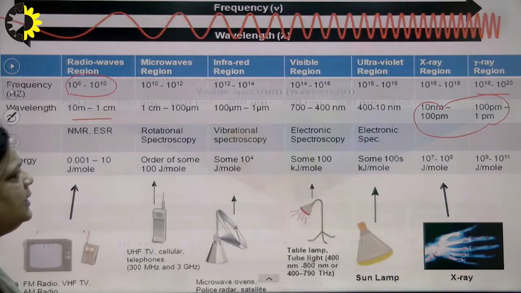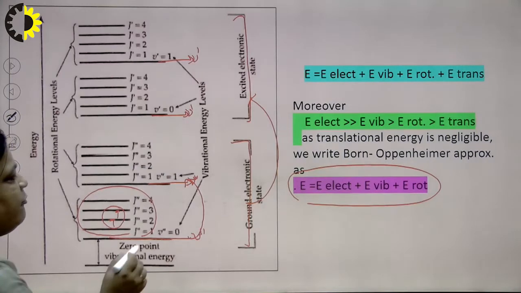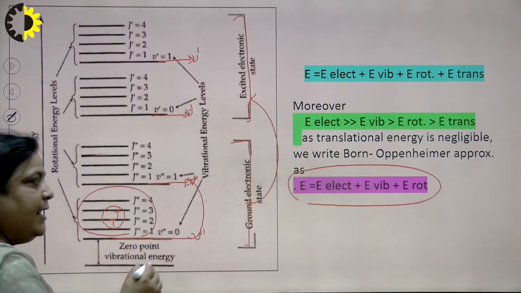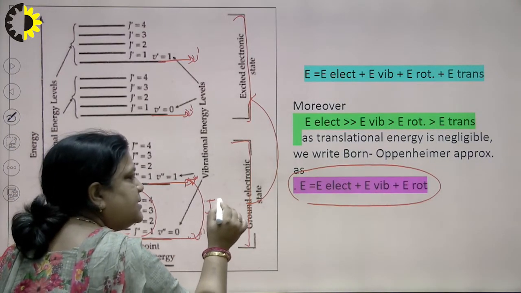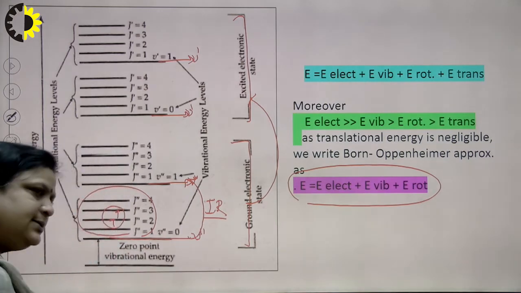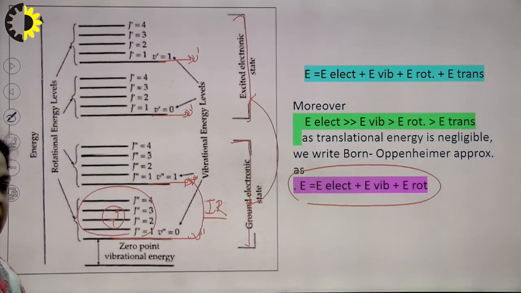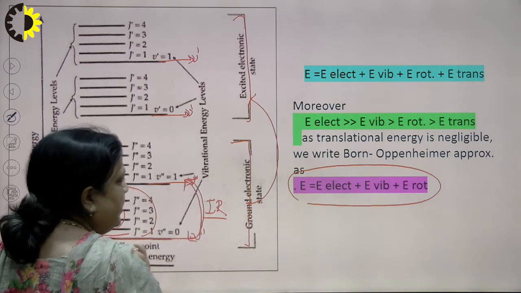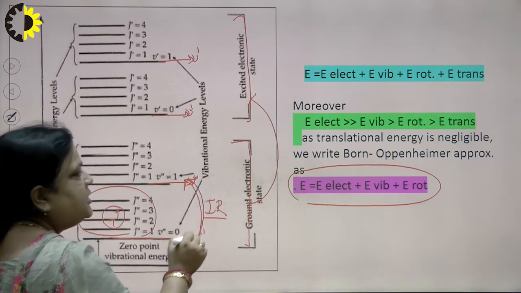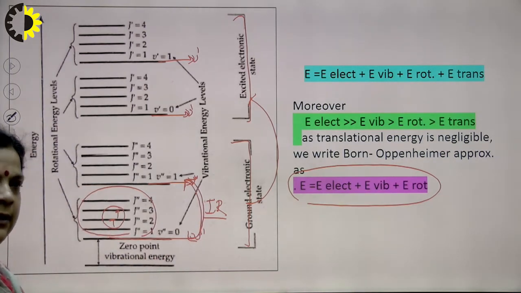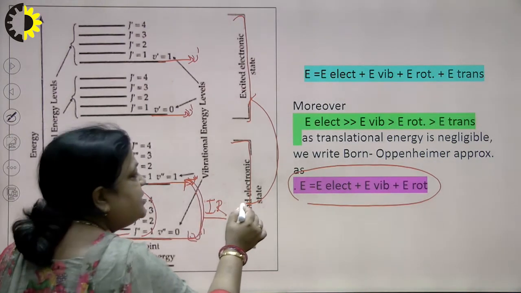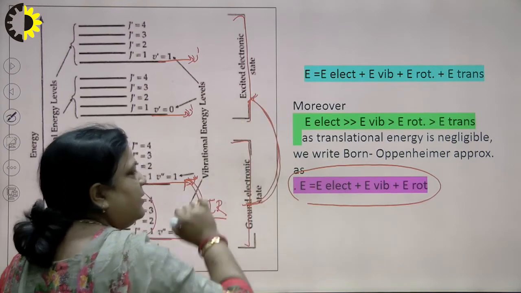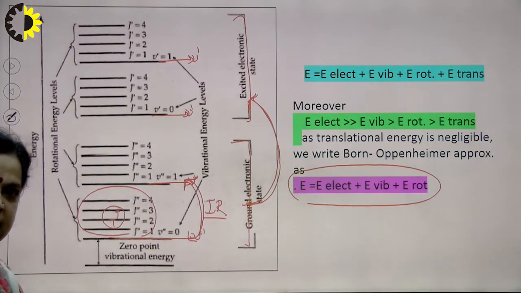That is, for vibrations, infrareds are sufficient. It means when we talk about IR spectroscopy, we discuss vibrational transitions.